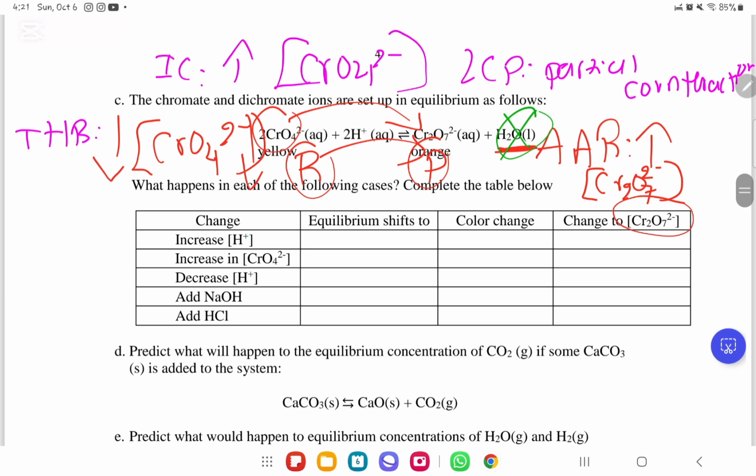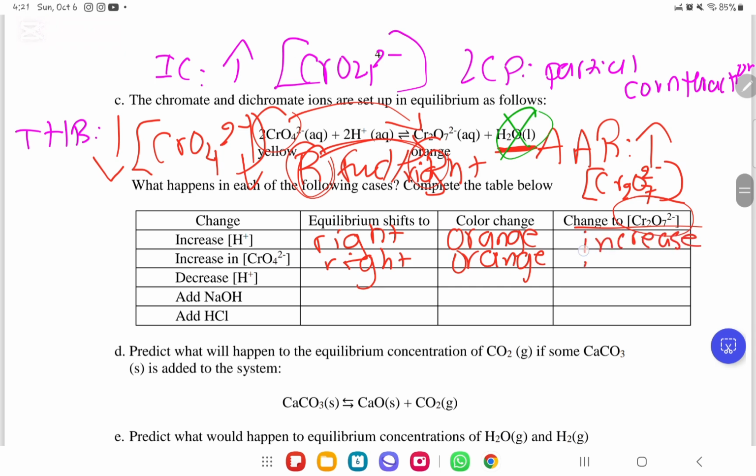Since it's moving from the reactants to products, it is a forward or right shift. So the equilibrium shifts to the right. The color changes to orange. So here it's also right and orange. And the concentration of Cr2O7 2- will increase for both of them. So the first and second are the same for both of them.